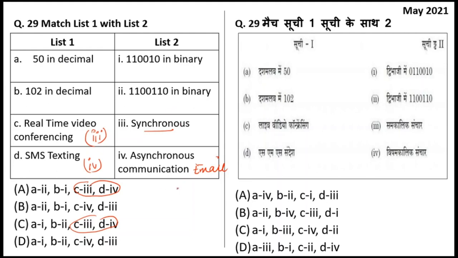Let's solve, as I already told you in one of the questions, how to solve decimal to binary. Divide 50 by 2, the quotient is 25, the remainder will be 0.